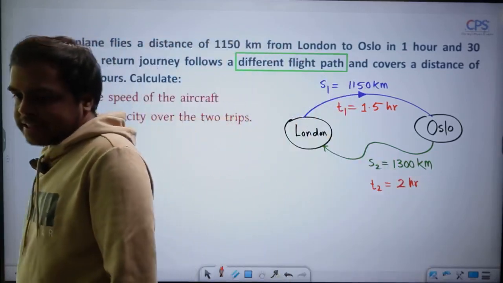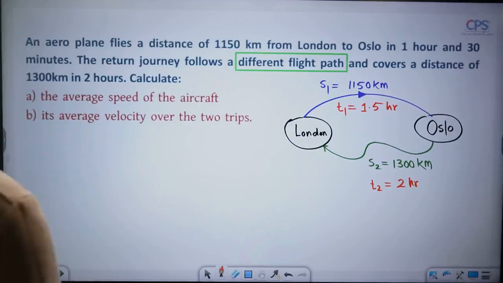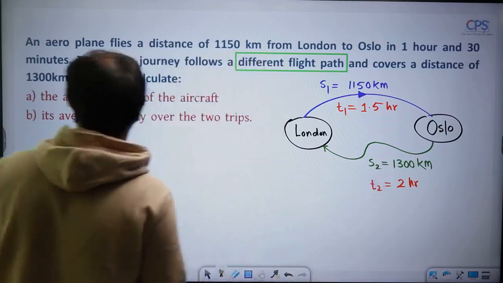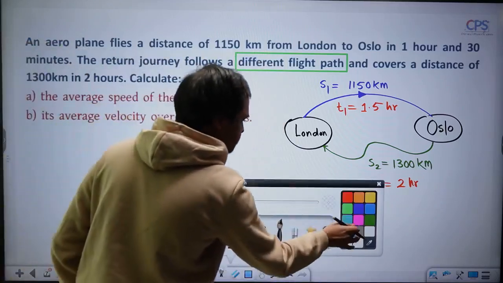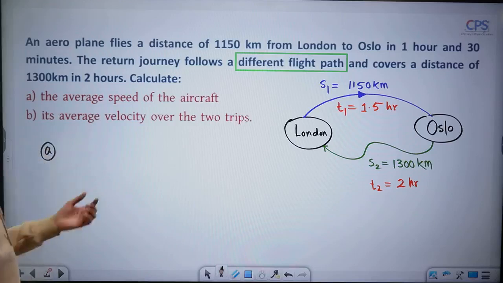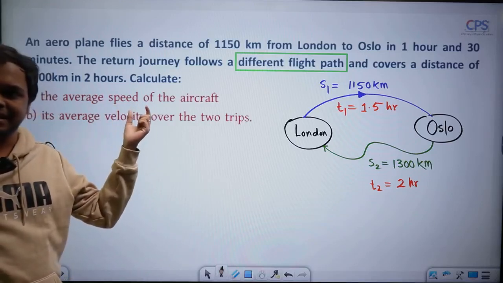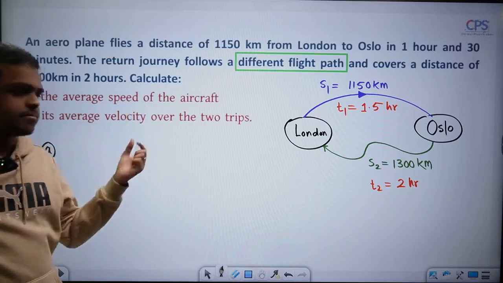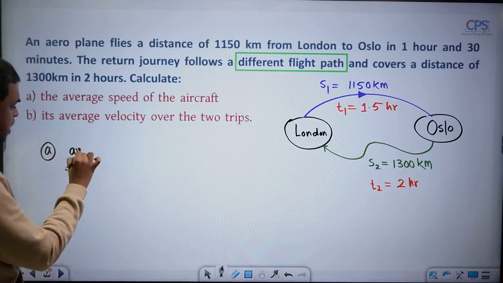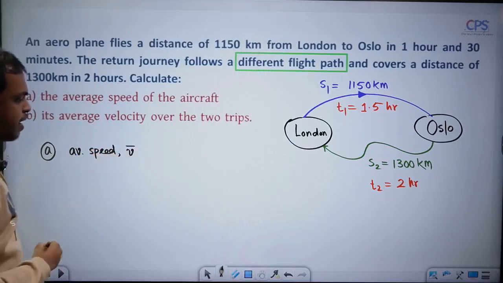Now we have to calculate the average speed of the aircraft. Speed means distance over time. So the average speed, we can call it v bar.